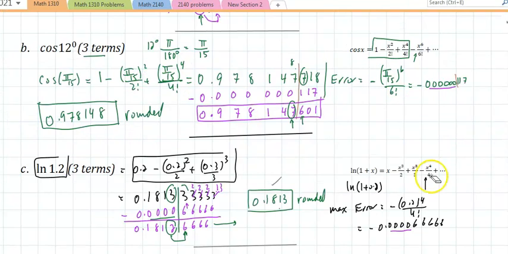I messed up. That shouldn't be a 4 factorial. I just noticed that's a 4. And if I take that into account, so if I take 0.2 raised to the 4th divided by 4, I will get 0.123 and a 4, negative.